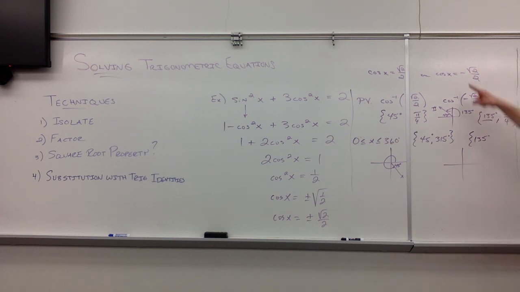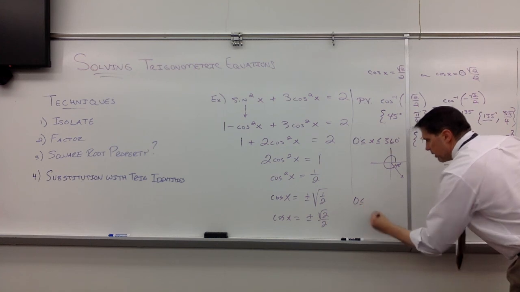Where else is cosine negative besides quadrant 2? The answer is quadrant 3. With a reference of 45 degrees, that puts us at 225 degrees. And then finally finishing it off, what if they ask for radians?